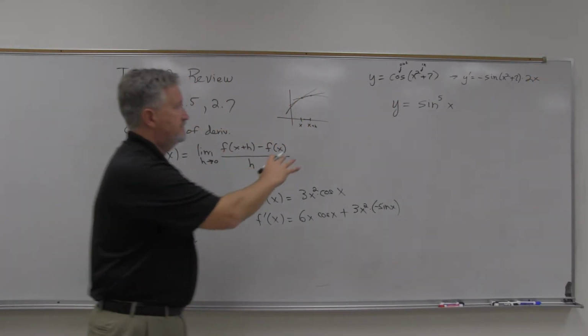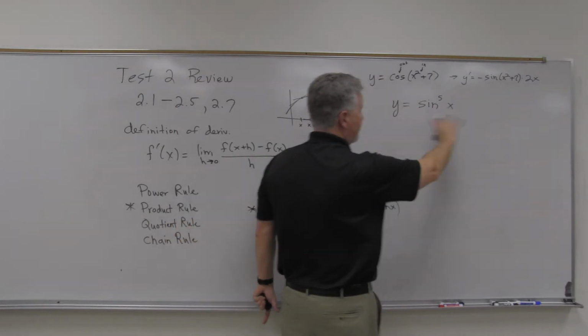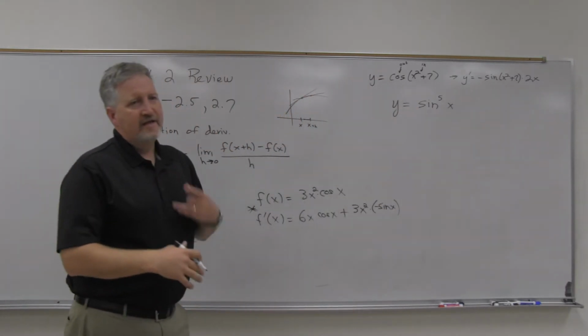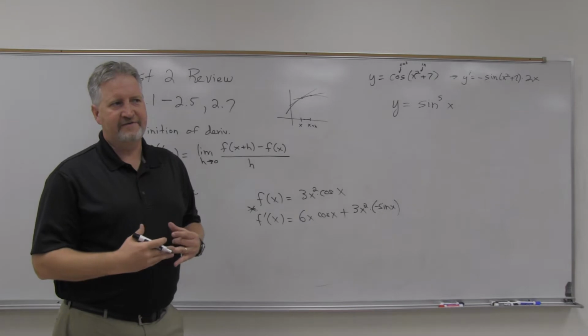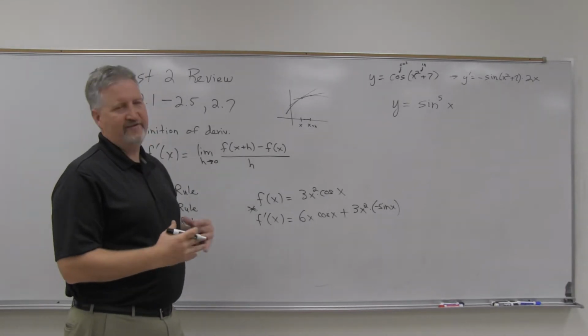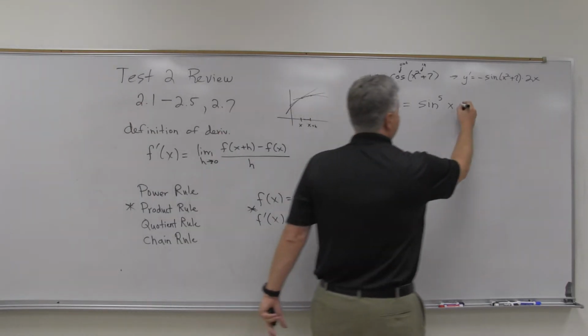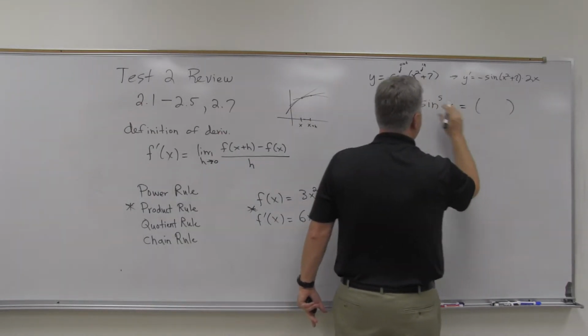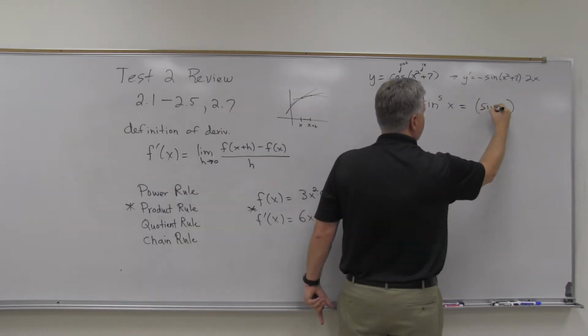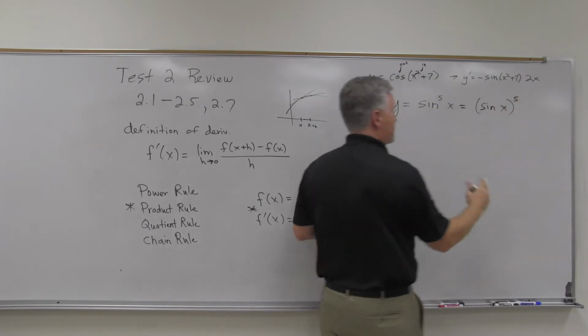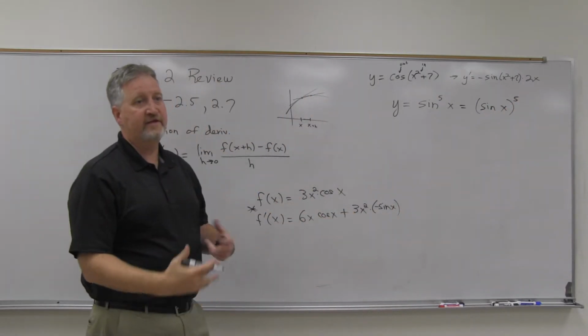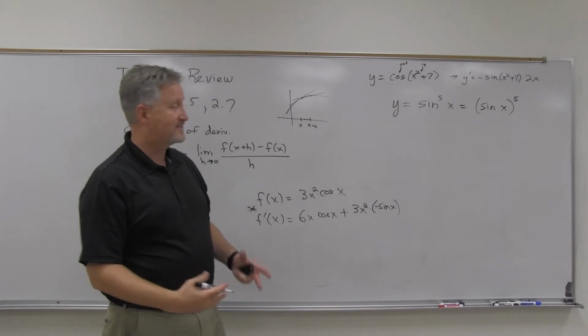This one, though, sine to the fifth x, because of the way the notation has evolved, it's not as obvious. What I suggest is to go ahead and write that with parentheses: sine to the fifth x is sine of x, in parentheses, to the fifth power. Then maybe it's a little more obvious.